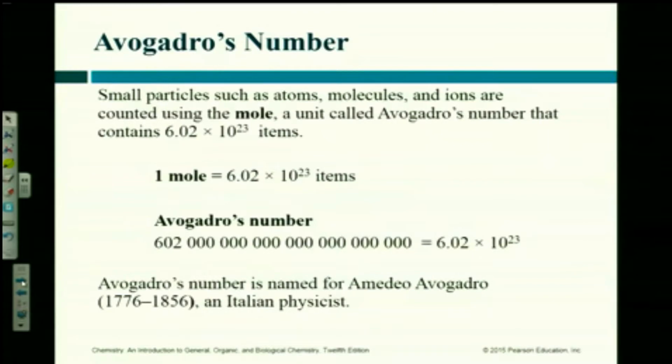Now let's think about this number, 6.02 times 10 to the 23rd. It's called Avogadro's number. Meaning what? How many numbers have we seen so far that had somebody's name associated with it? I don't think we've seen any, right? So what do you think that means about this number? Pretty important.